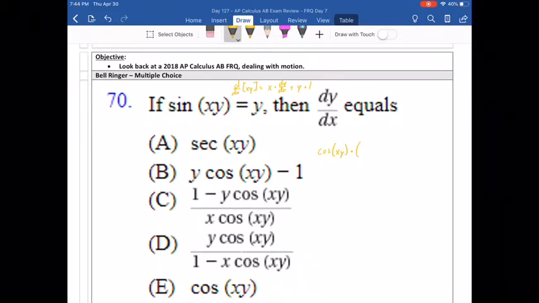So the derivative of the inside is x times dy/dx plus y times 1, so just y.